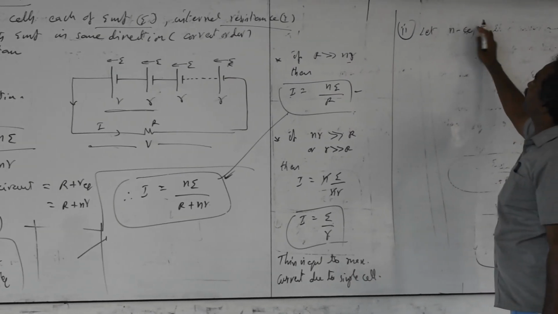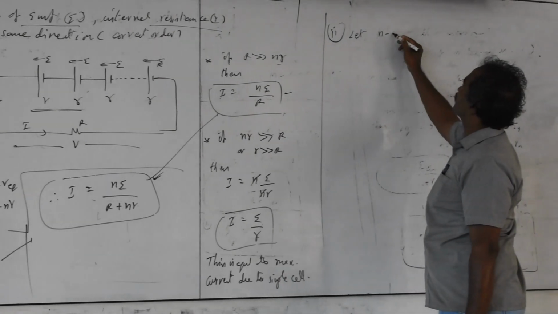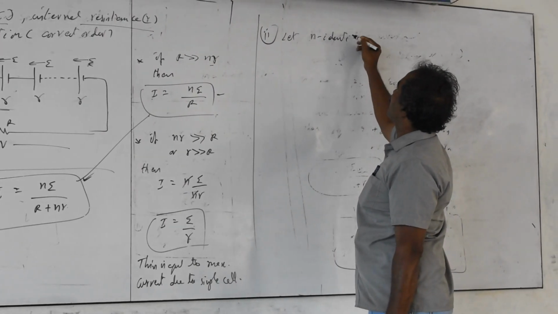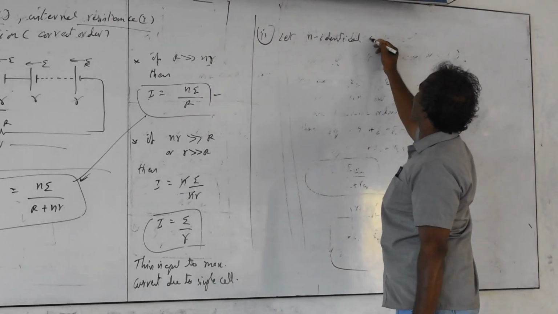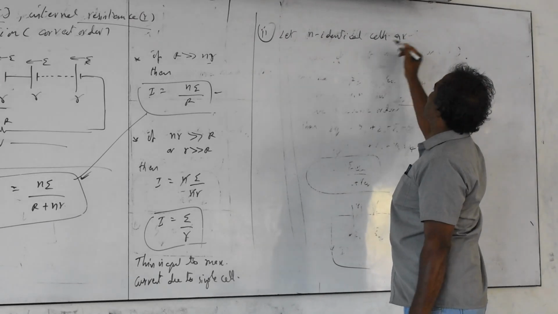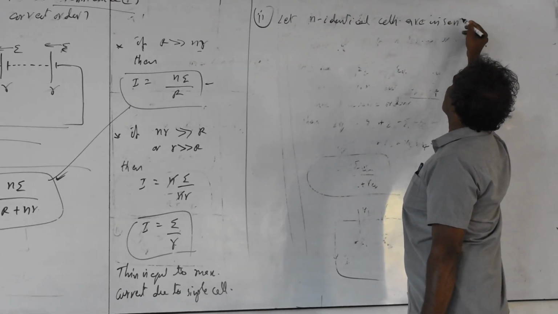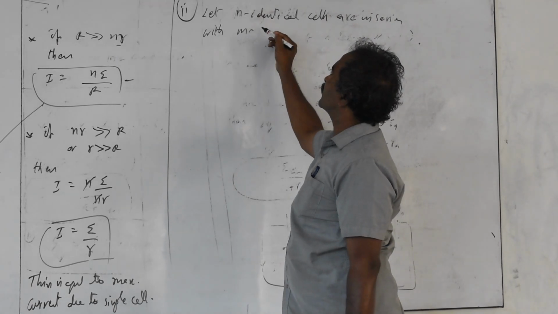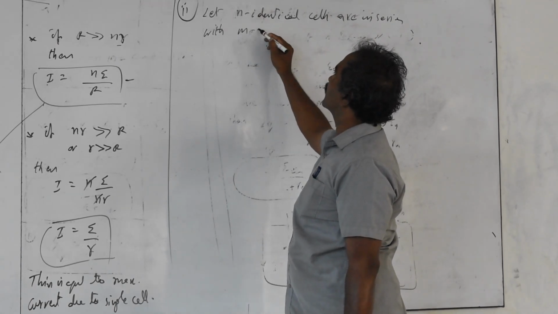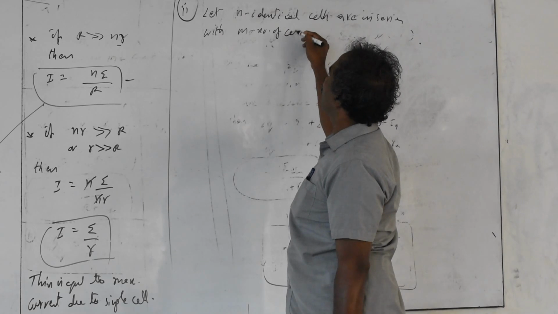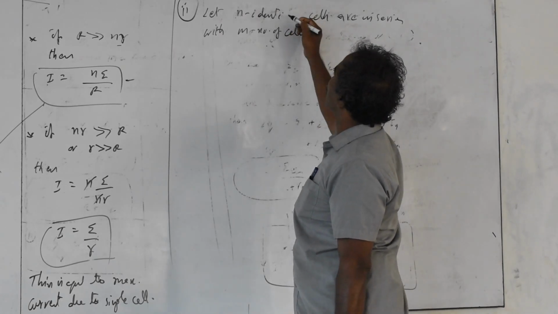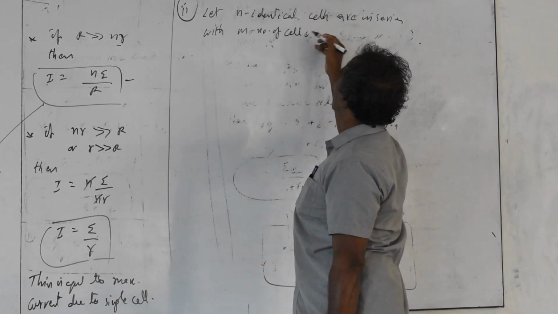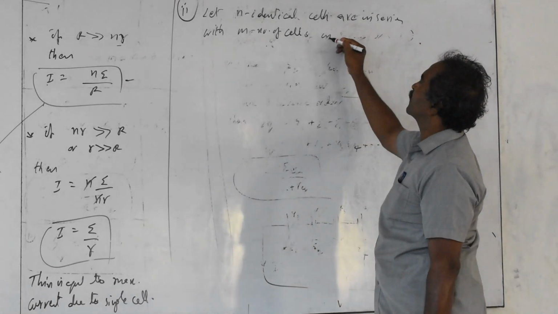Let n identical cells be in series, with m number of cells in the reverse order.